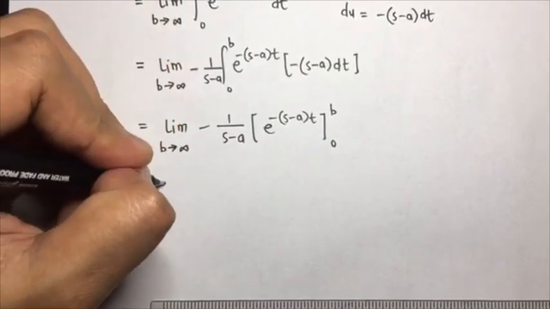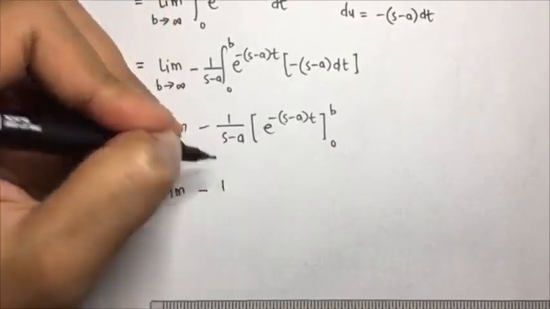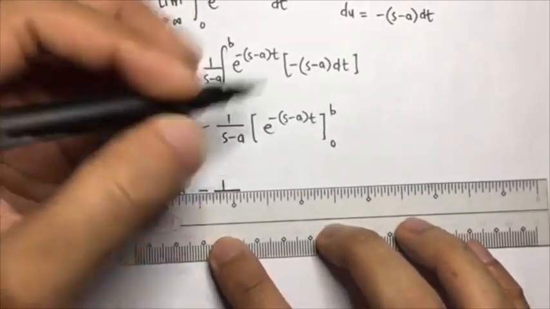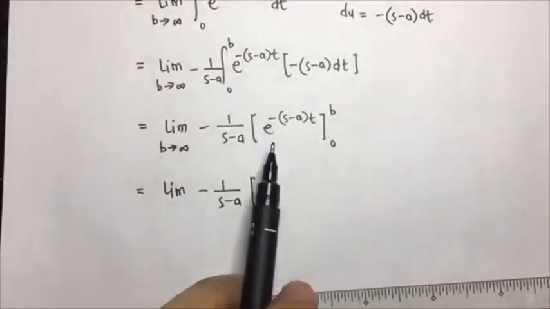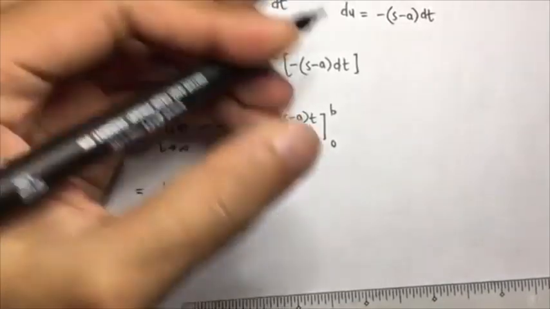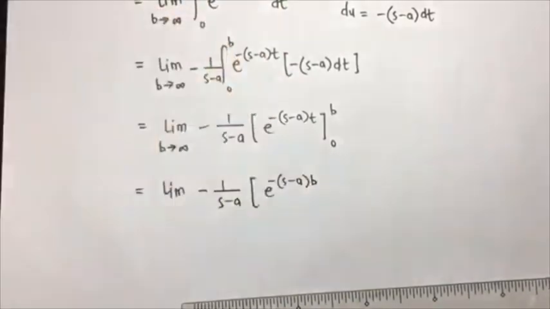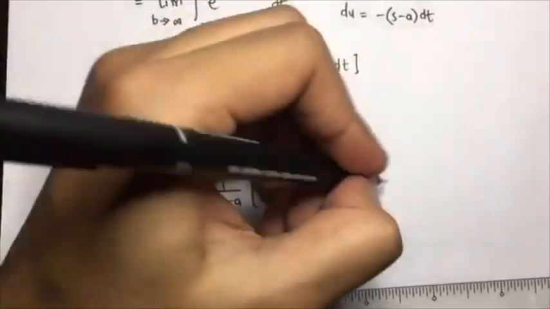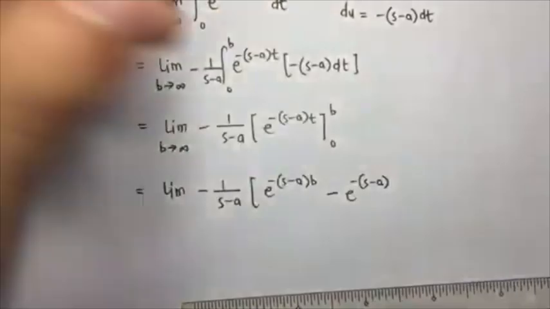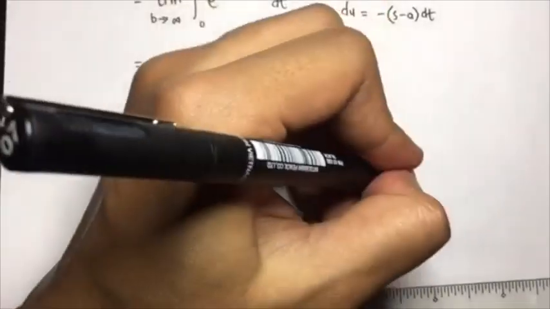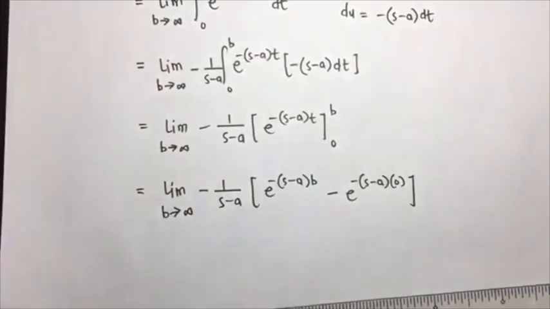Then it becomes the limit of negative 1 over s minus a, times e raised to negative s minus a times b, minus e raised to negative s minus a times 0, as b approaches infinity.